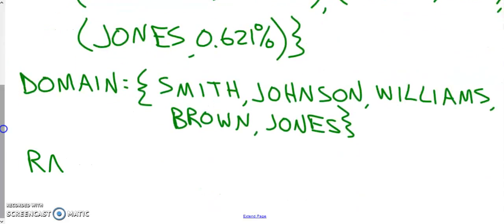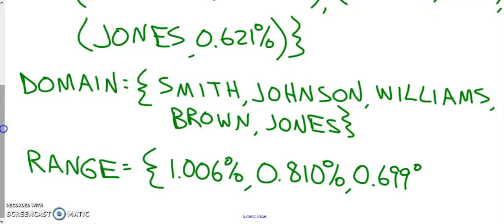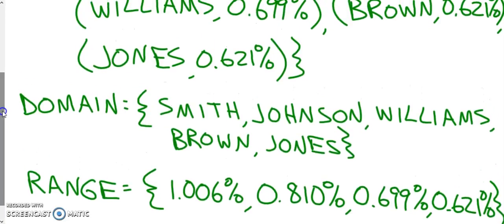So the range: 1.006%, 0.810%, 0.699%, 0.621%. Did you notice that two of them had the exact same percent? You only have to list that once. Hopefully that sounds somewhat familiar.